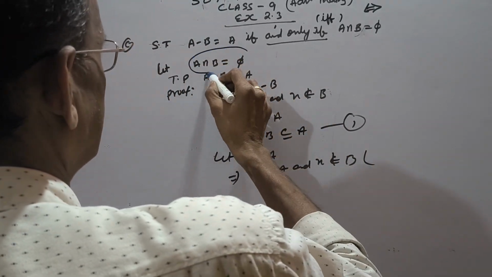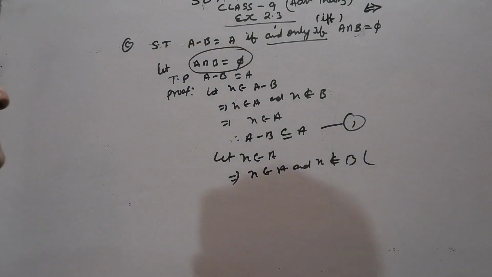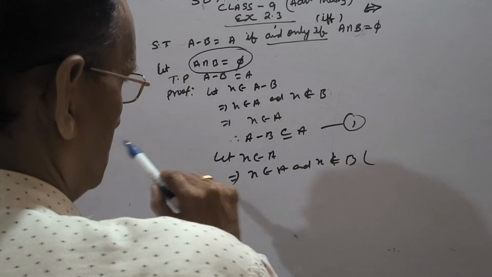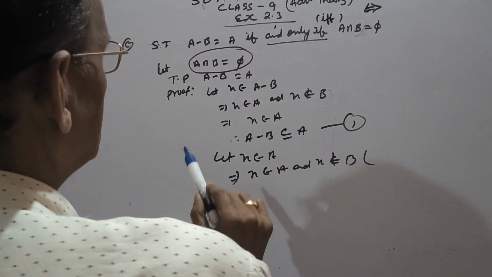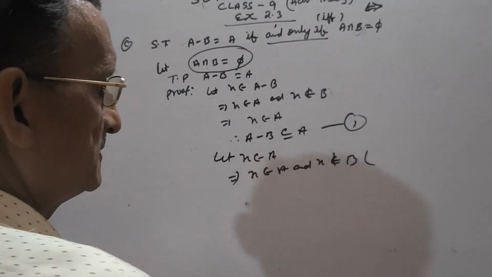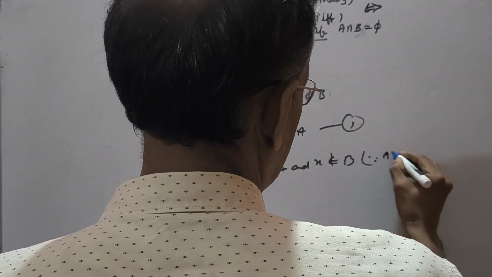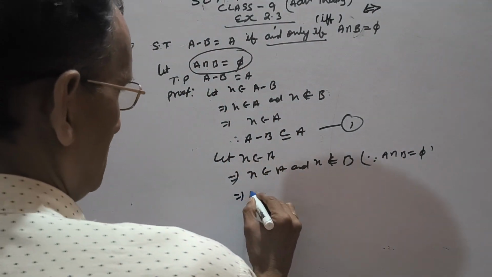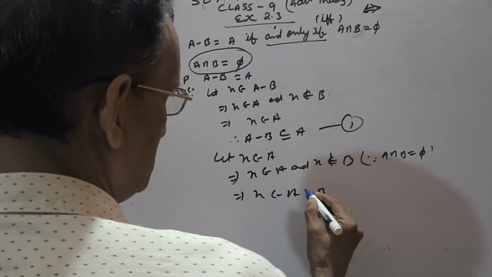A intersection B equal to phi. What is the meaning? They do not have any common element, but we have taken x belongs to A, so x must not be in B. Otherwise, this will not be equal to phi, since A intersection B equal to phi. Okay? So x belongs to A minus B.